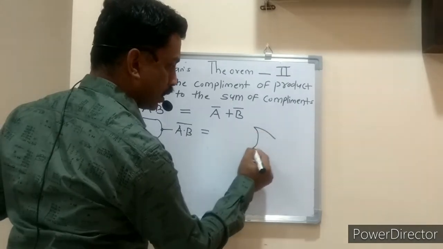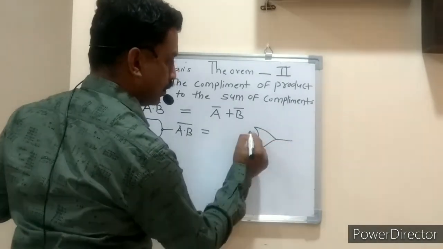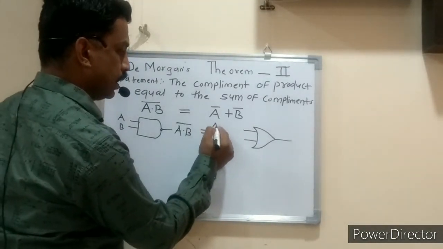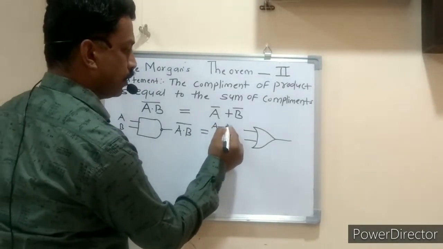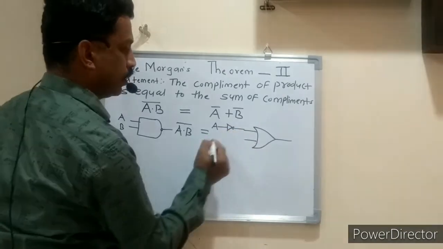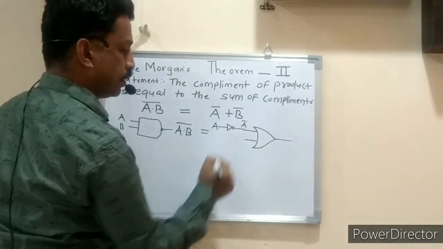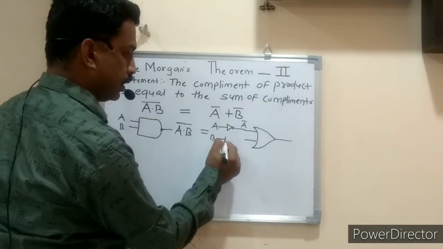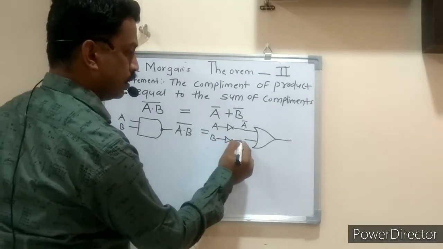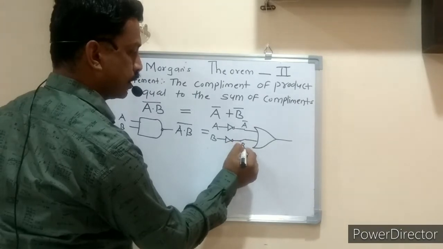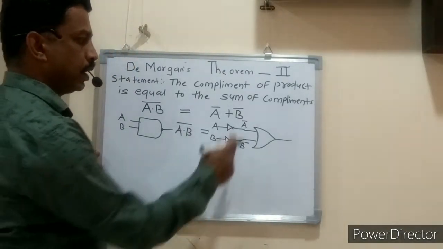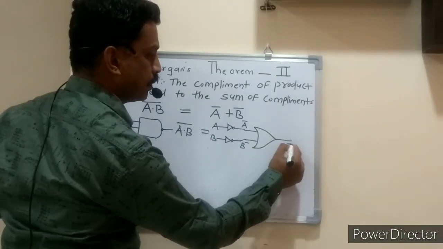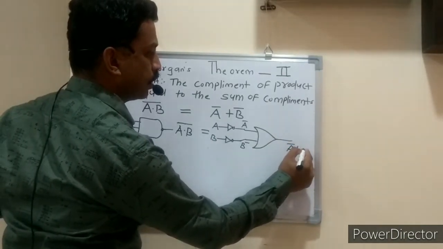So this is our OR gate, but here a complement is there. If it is a, then we add one NOT gate here, so it becomes a complement. If b is there, again we add one NOT gate, so this becomes b complement, and a complement and b complement are added.